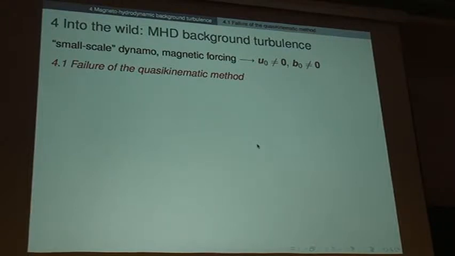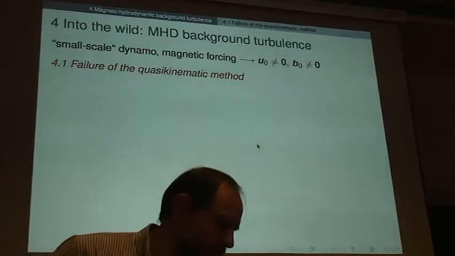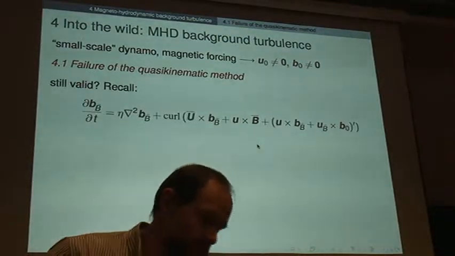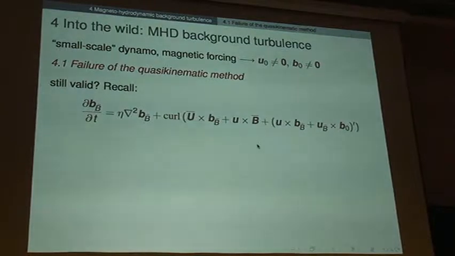The first question, of course, is: does the test field method up to now, which was also possible to apply in the nonlinear case, that's why quasi-kinematic, is it still valid maybe? We now had to write down an evolution equation for this part of B, the fluctuating field, which is dependent on the mean field, which reads like that.